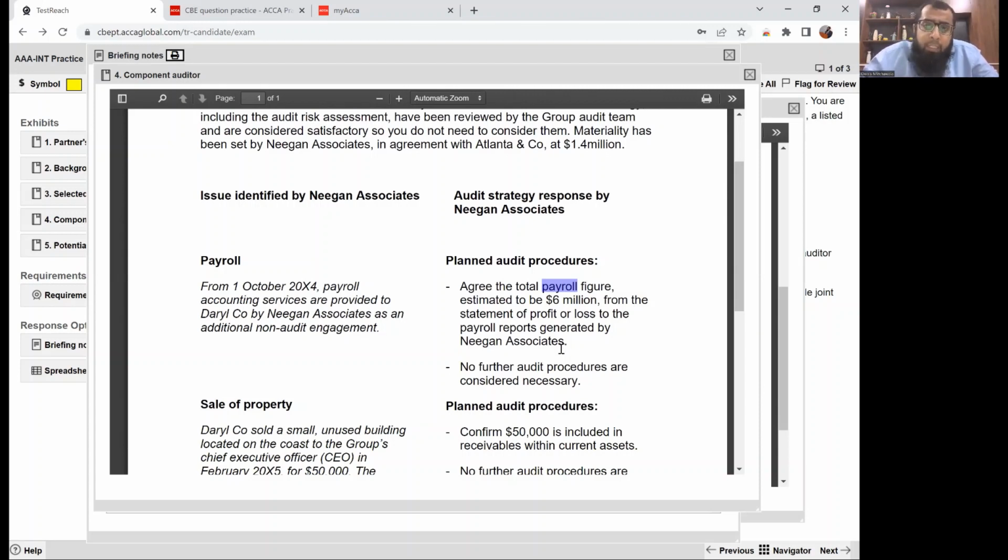What you have done is, you just check the number in the P&L with the report which you prepared yourself. At least you should use a separate team and get further procedures performed so that the audit work is justified to some extent. Effectively, we haven't done any audit work. So the planned audit strategy response is insufficient.